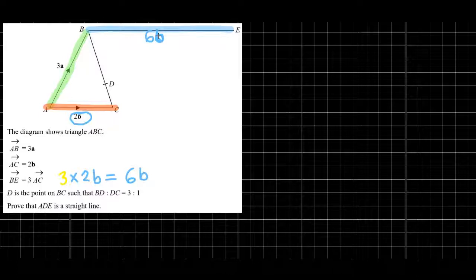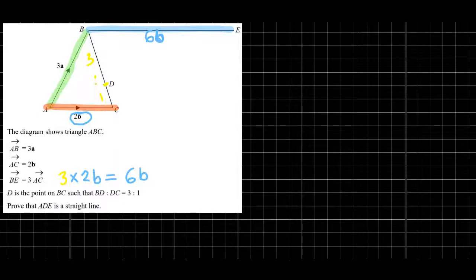All right. D is the point on BC such that BD to DC is in the ratio 3:1. So this is D, and the point BC, we have B to D, so B to D is 3 to 1.